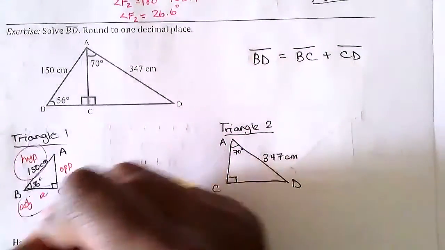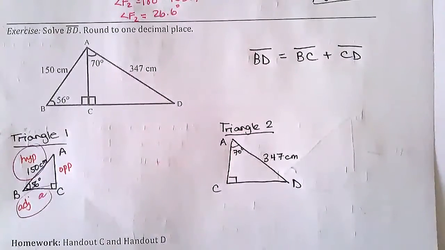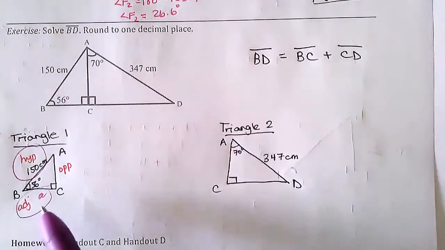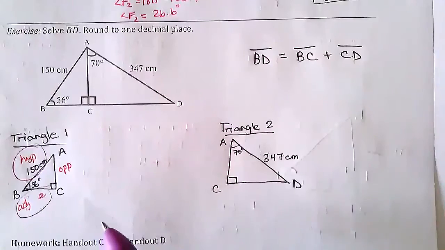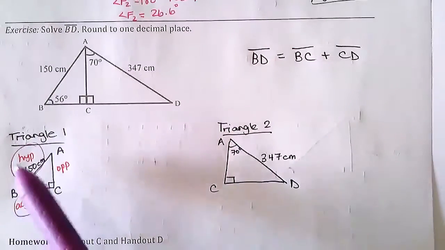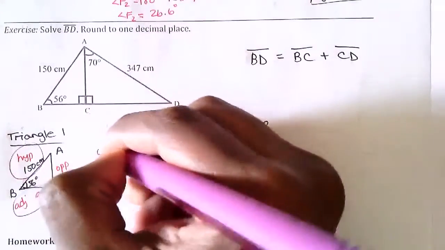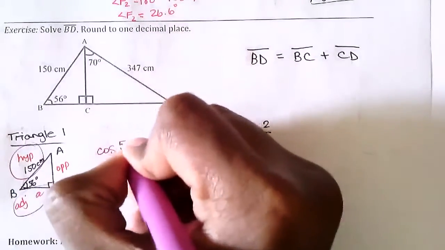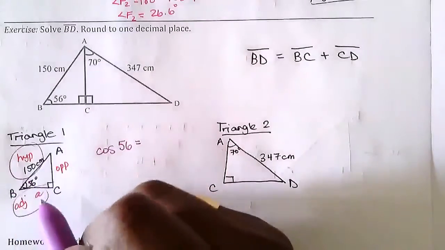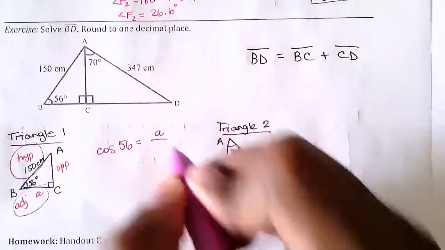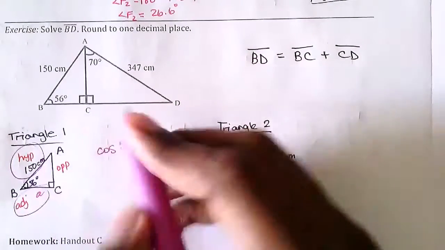I want to solve for the adjacent. Okay, so I have adjacent and hypotenuse. Thinking about SOHCAHTOA, that's essentially CAH, or cosine. So the cosine of my angle of interest, which is 56, is equal to adjacent, lowercase a, over hypotenuse, which is 150.